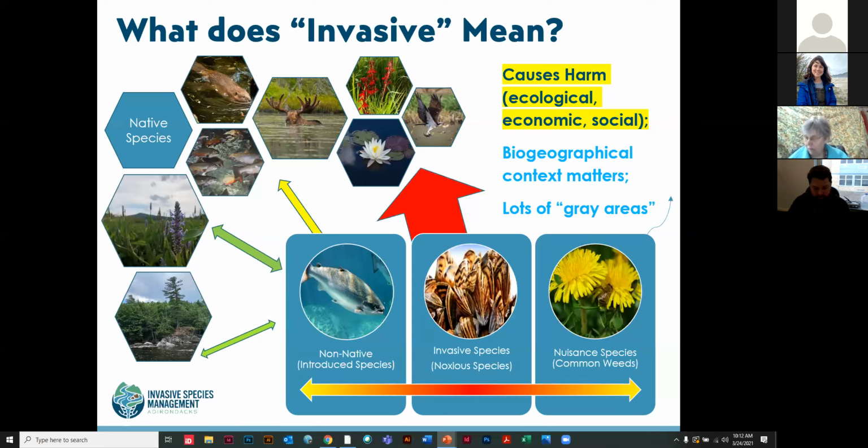Where that species comes from might not matter, but what it's doing in its new place really matters. So just to break it down a little bit more, we have invasive species. Out west, you might hear the term noxious species. And that's really the type of species we're talking about that causes this harm: ecological harm, economic or social harm.